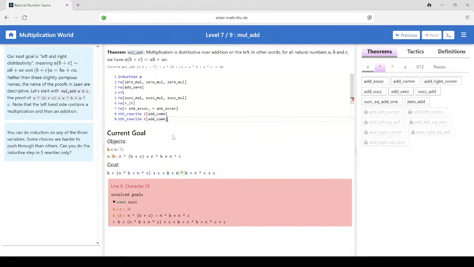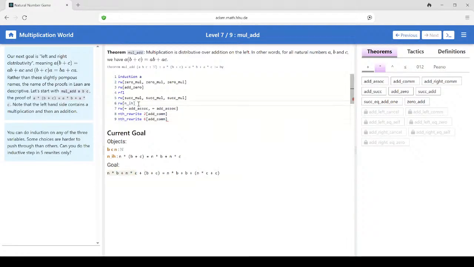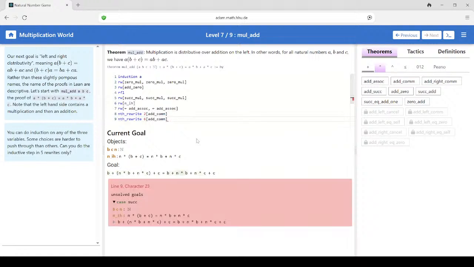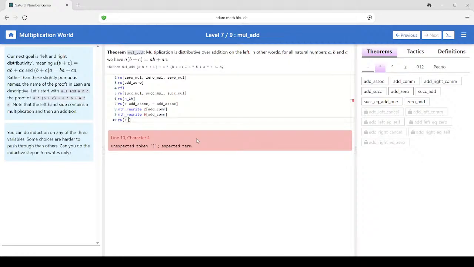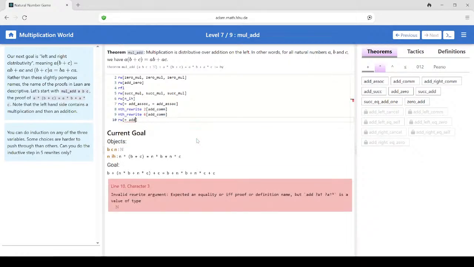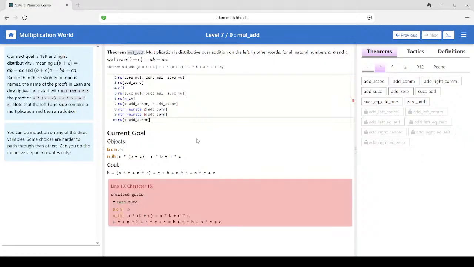Okay, all I have to do is get rid of the parentheses, which I think I can just do like that again. Rewrite, get rid of those parentheses. There we go. I think that's it.